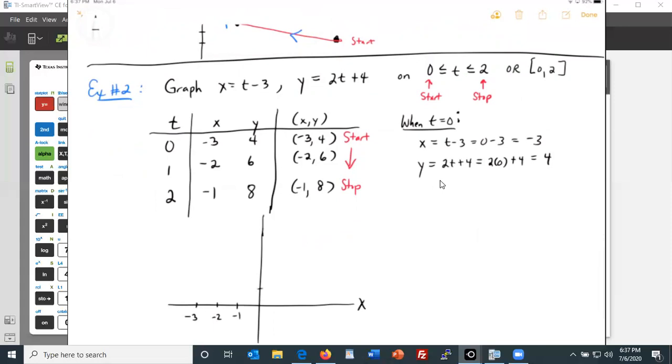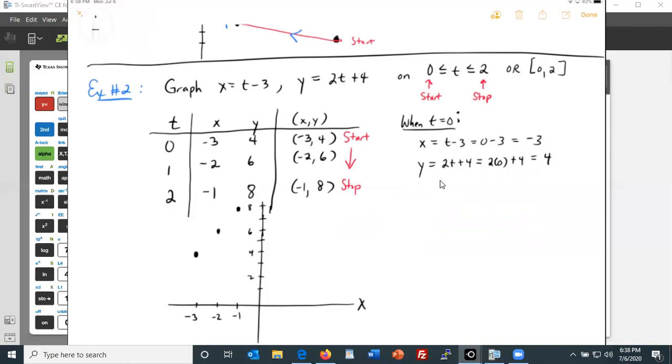So let's do 1, 2, 3, 4, 5, 6, 7, and 8. And I guess we'll just label that in 2s. Now first just plot the points that we got. Negative 3, 4 is here. Negative 2, 6 is left 2 and up 6, right about there. And negative 1, 8 is there.